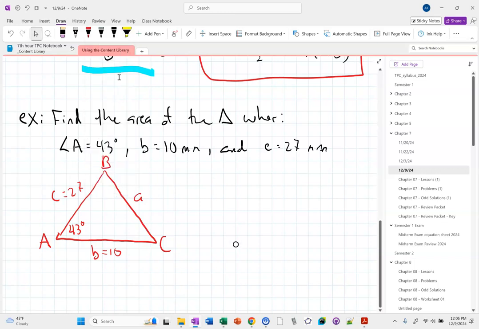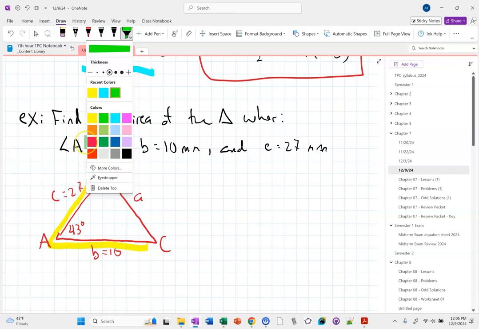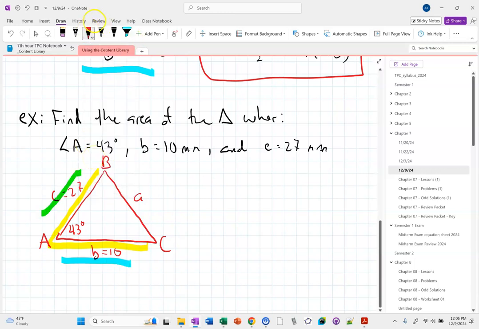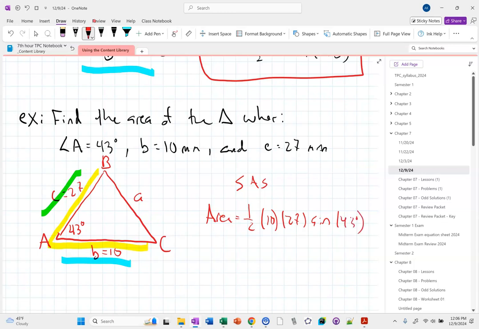So if we look at our triangle, it looks like we have what kind of situation? Looks like side angle side. So I can just say the area then is 1/2 times 10 times 27 times sine of 43 degrees.